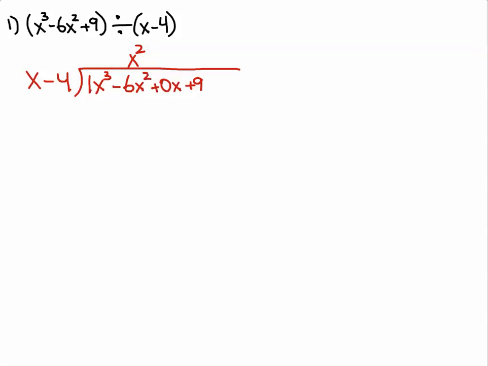And in fact, the x squared multiplies by the x to make x cubed and by the negative 4 to make negative 4x squared. This whole thing is subtracted. Notice that the x cubes cross off. We have negative 2x squared. And then we'll go ahead and bring down our friend 0x.